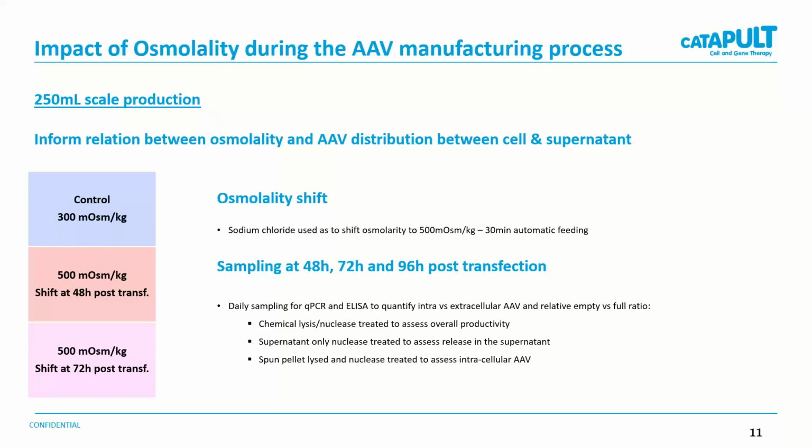First, a standard chemical lysis of the cell culture. Then just a supernatant harvest treated with nuclease. And finally, only a lysis of the cells after being spun down. This was in order to assess overall productivity for the lysate, release of AAV for the supernatant, and intracellular AAV for the lysed pellet.